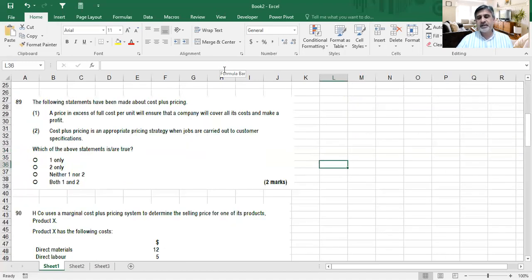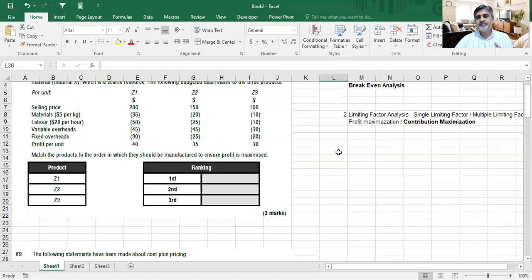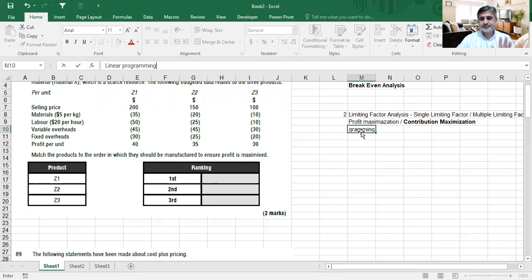Then you have a third topic, probably: make or buy decisions, shutdown decisions, shadow pricing, and so on. And by the way, this multiple limiting factor, which you do through linear programming, is very important in your F5 syllabus.